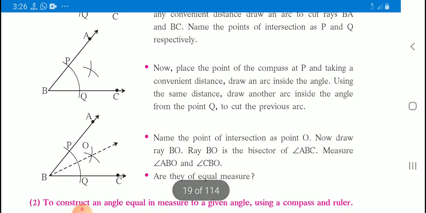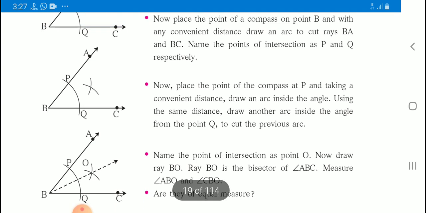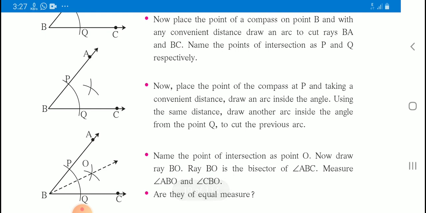After drawing, if you measure angle ABO and angle CBO, these two angles will come exactly equal to each other.